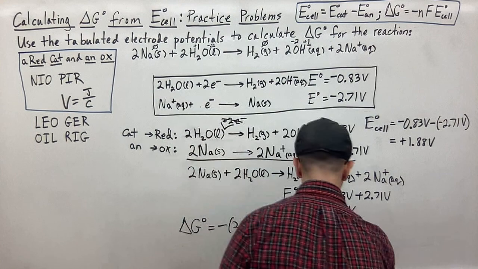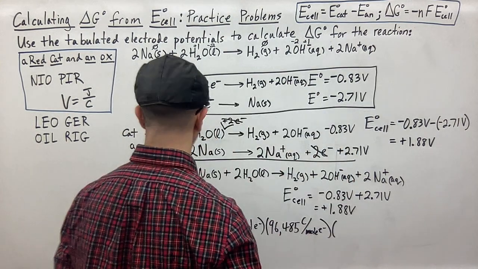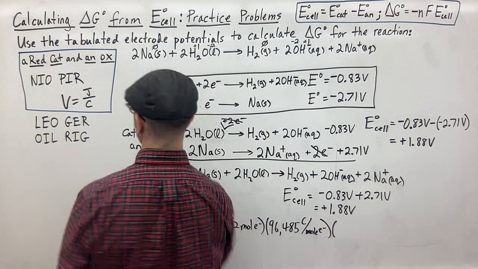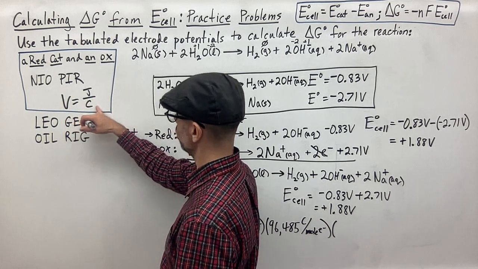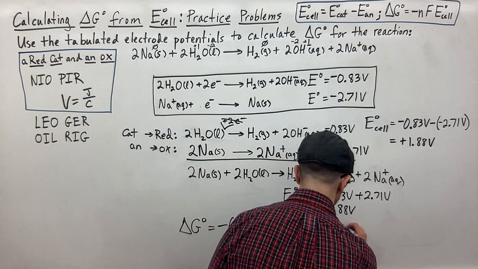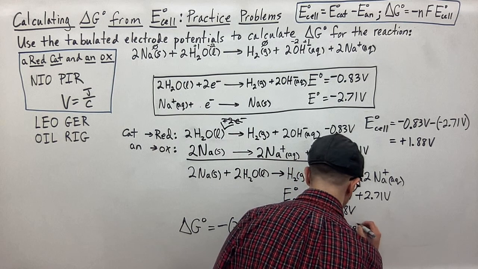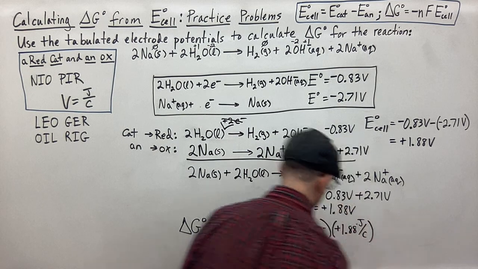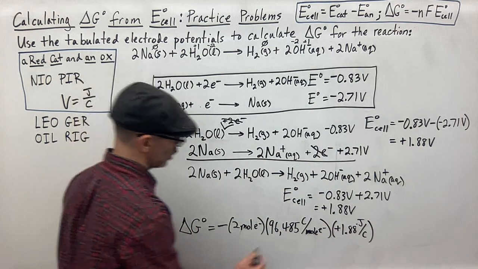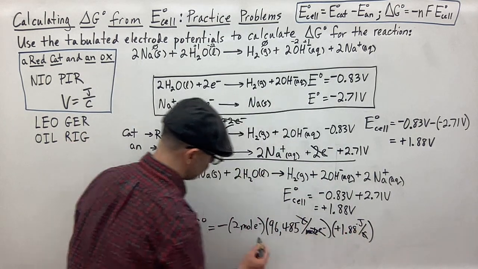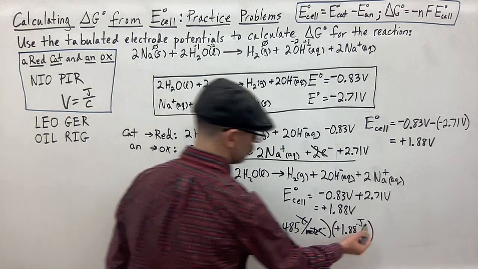And then that's going to be multiplied by your 1.88 volts. And remember, a volt is joules per coulomb. So we're just putting 1.88 joules per coulomb. And so coulombs cancel out, moles of electrons cancels out, and then we're left with joules.